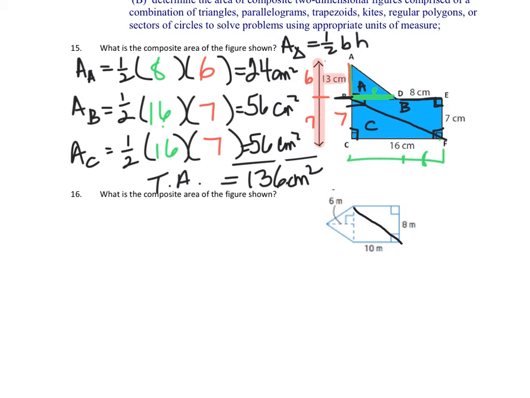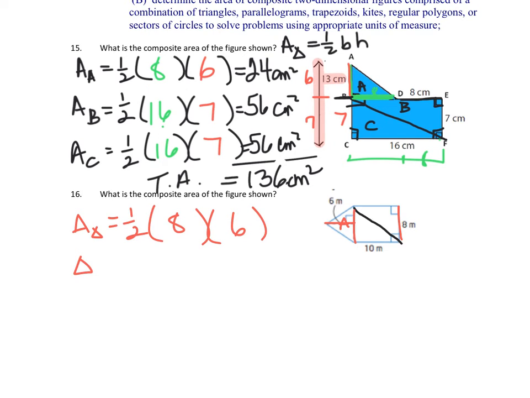Again, just because I am doing this by triangles, you guys can do 10 times 8 and find out that whole thing's 80. I'm going to find out it's 40 and 40. Okay, so we have triangle A, which has a height of 6. And I know the base is the same as this base, so that's 8.